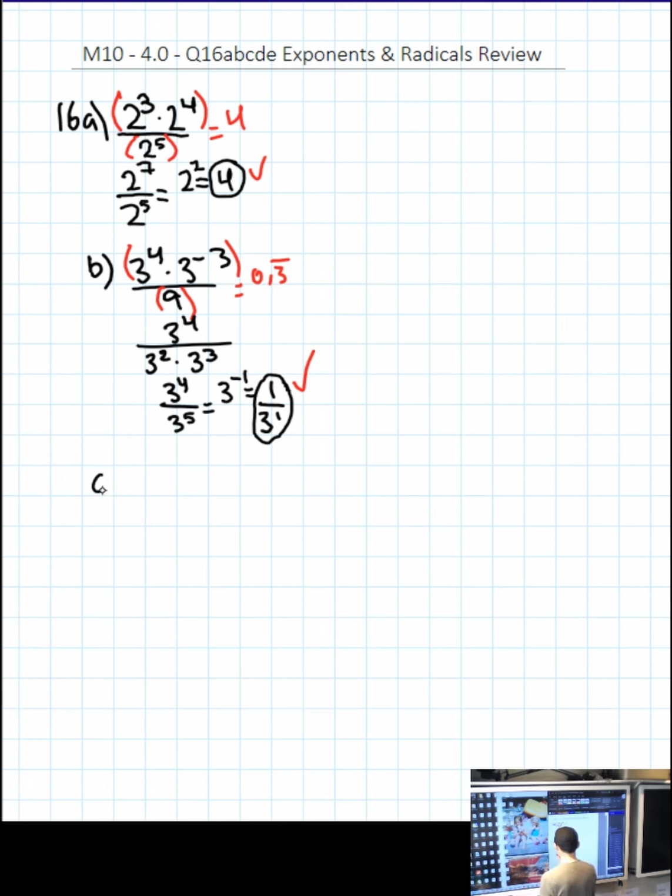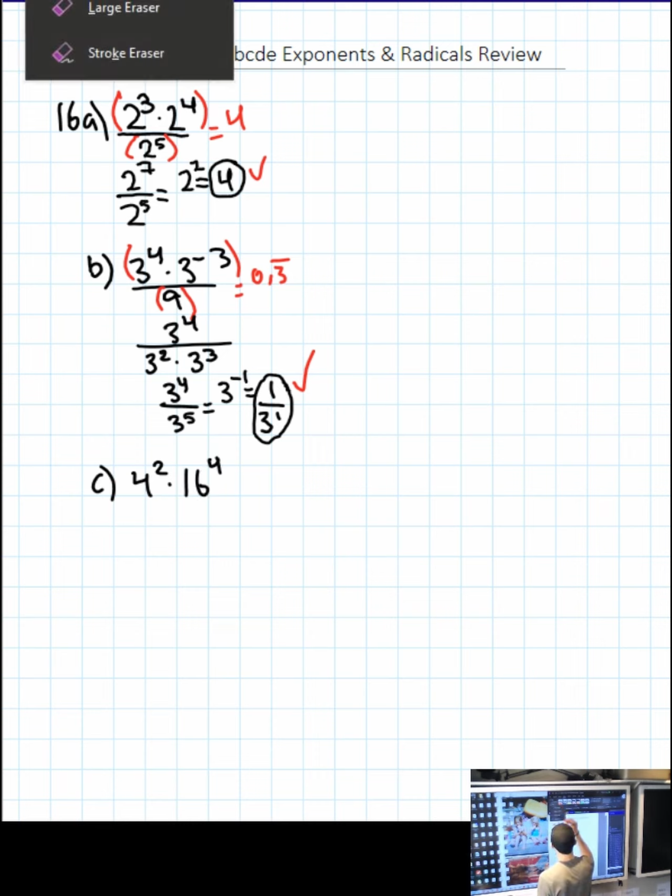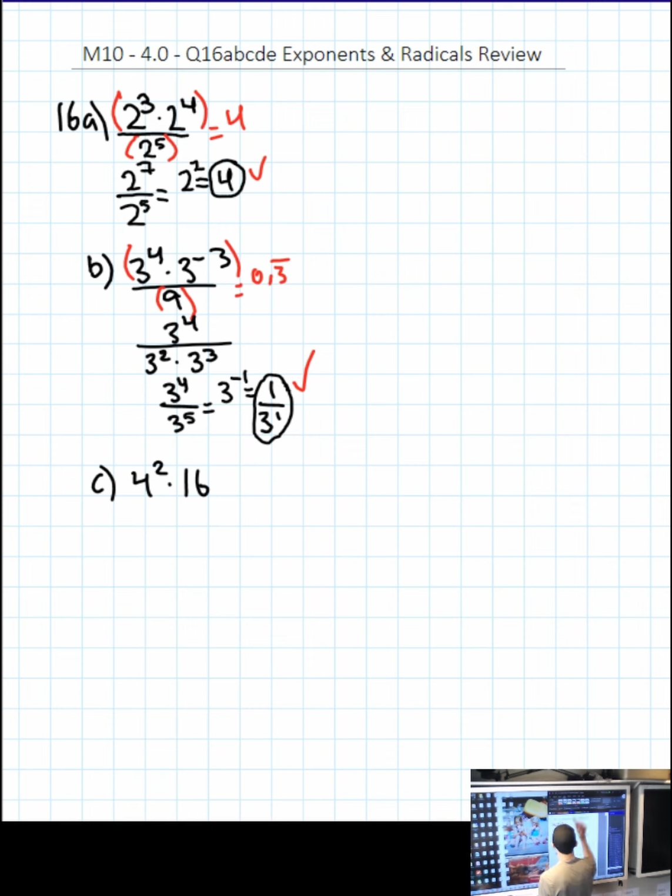Okay, C. So we have 4 squared times 16 cubed, cubed, over 128 squared. So we need to know which base we can use.